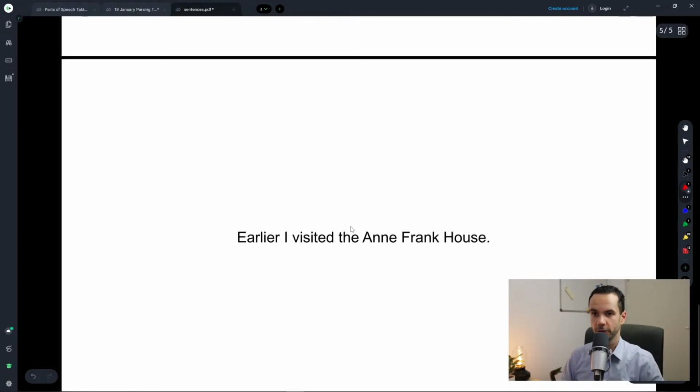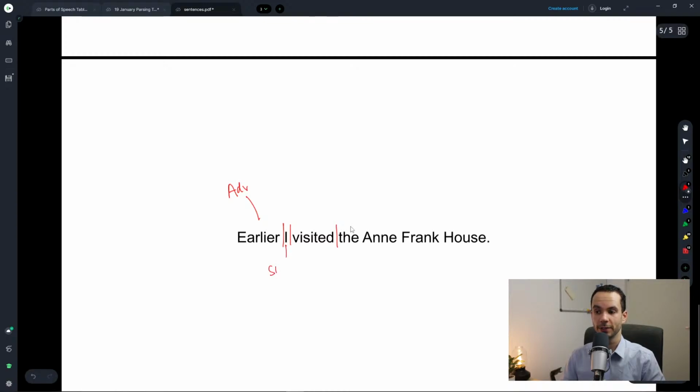And our final sentence for the sentence analysis is, earlier, I visited the Anne Frank house. Not very difficult sentence. Because we have earlier, I visited, verb phrase, and the Anne Frank house. Now, earlier is very simple. That's our adverbial, because it only adds extra information.